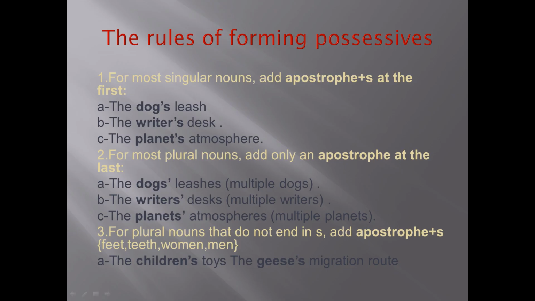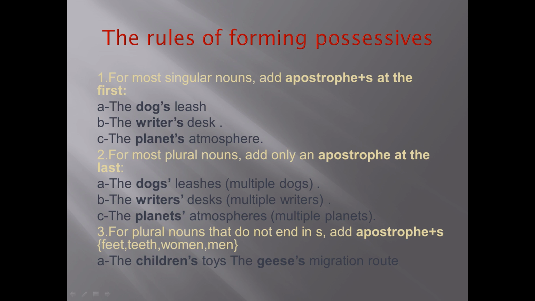What are the rules of forming possessives? Let's see. The first rule: for most singular nouns, add apostrophe plus S. Let's see, the dog. Dog is singular. We have one dog. Leash. I will say the dog's leash.